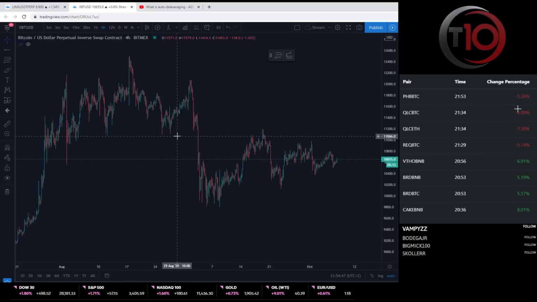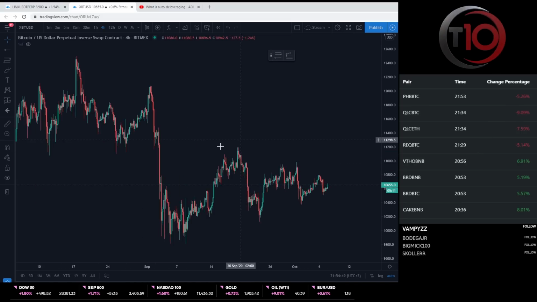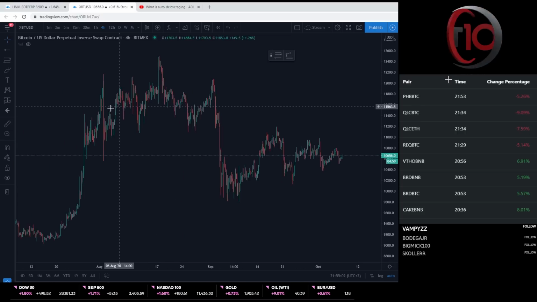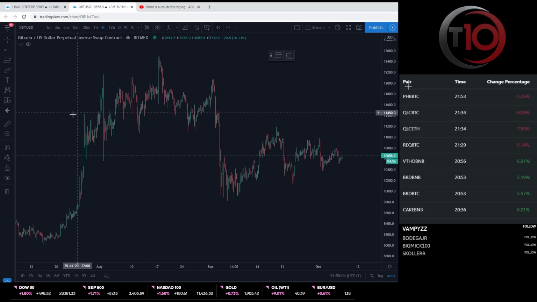So, yeah, if they start going above 10.9 now, I'm expecting a move up to the 11.6 to 11.8 zone. And then they want to try to hold something like 11.4. This is the move to the high, so this is 11.6.